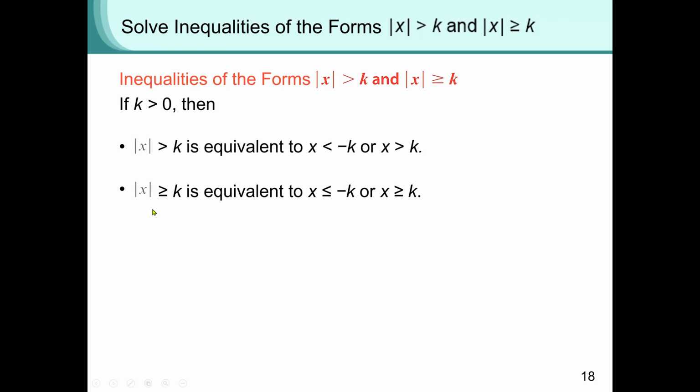And with greater than or equal to, the same concept: x will be less than or equal to negative k, or x is greater than or equal to k. Now we have to pay attention to the sign. Again, the sign has to be positive.